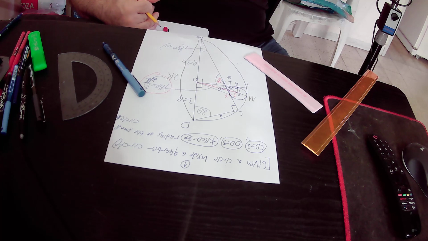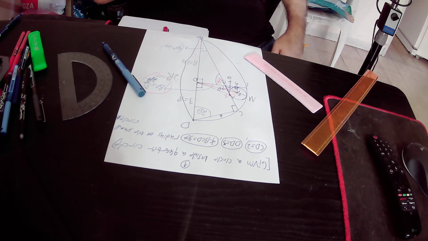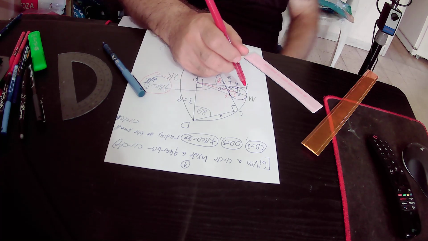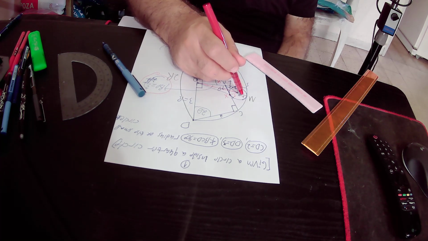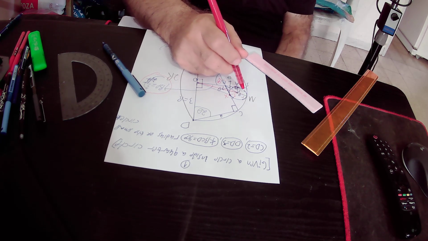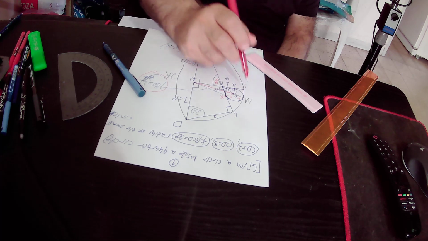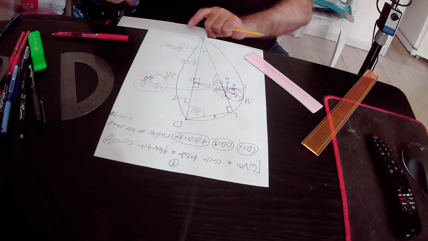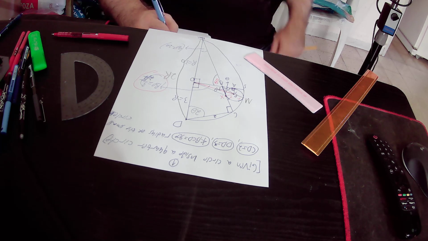Okay, so what is the size of MP? MP is actually the radius of the small circle, because it starts from the center of the small circle and touches the small circle at point M. So MP is small r, the radius of the small circle.